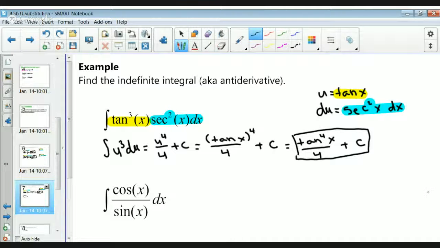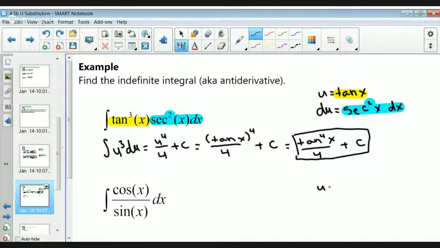Okay. How about this trig one? I have the integral of cosine of x over sine of x dx. Now in this case, we want u to actually be sine of x, and it's not because I don't want to deal with the negative when I differentiate cosine of x, because remember, negatives I can deal with.